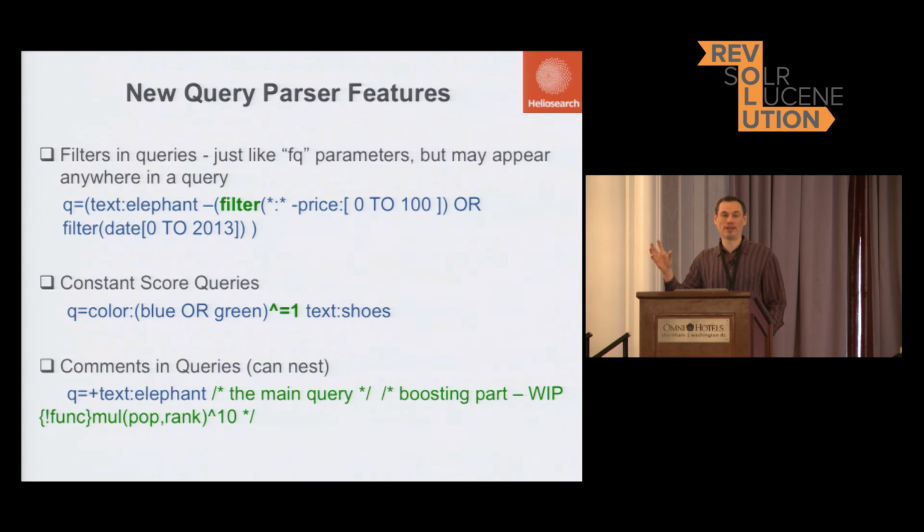That's actually the score that will be produced instead of boosting. And then lastly, we have comments in queries. They're C-style comments, but they can also be nested. That's nice if you have a very big query, being able to annotate parts of it, but not have it actually change anything.